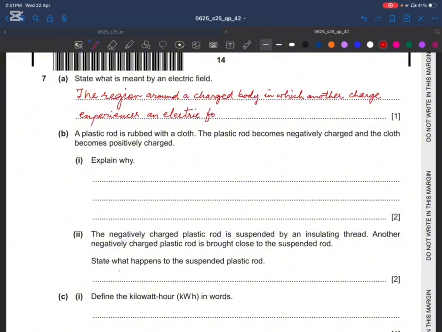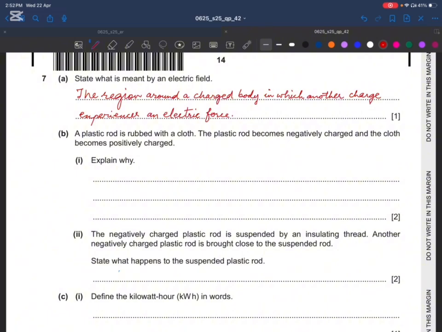This electric force may be the repulsive force or the attractive force depending on the type of charges: like charges repel, unlike charges attract. We need not go into that detail for the time being. Only one thing we have to write, that is the definition of the electric field.